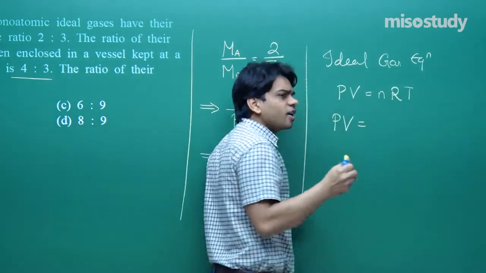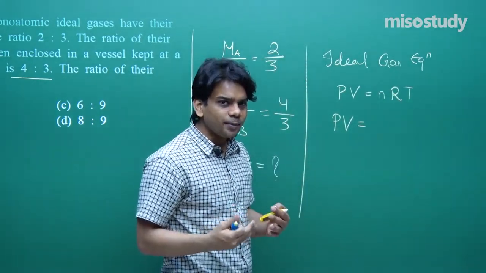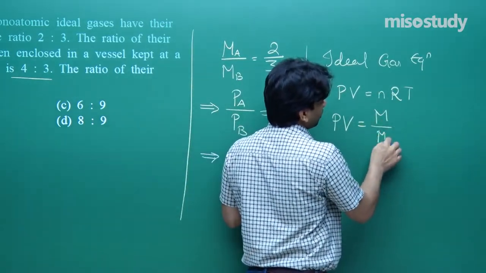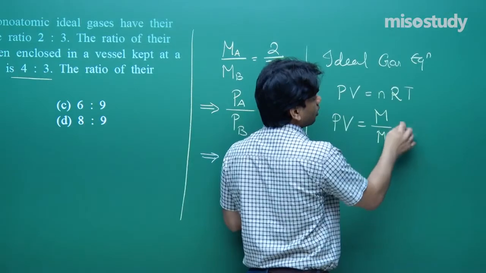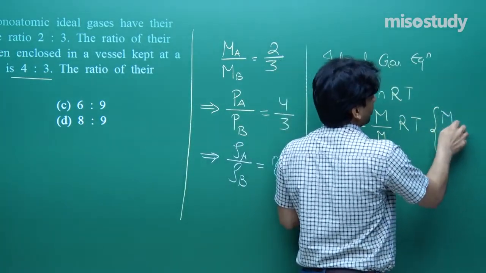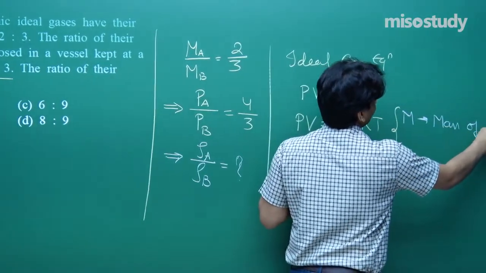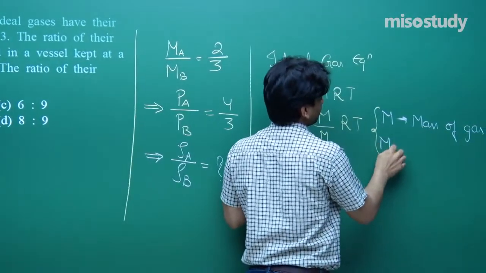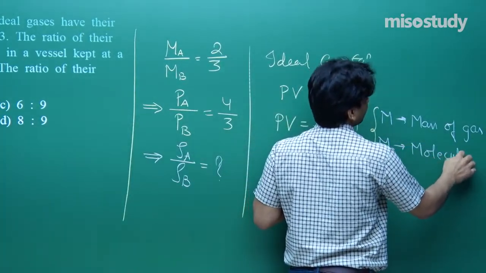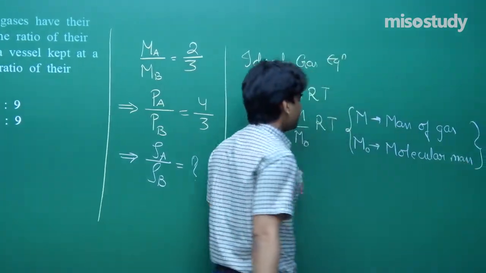Can we write n if the total mass of gas is capital M and its molecular mass is m naught? So can we write n as m upon m naught. m naught is molecular mass, m is total mass. Here I am writing separately: m is the mass of gas that has been taken in the container, and m naught is the molecular mass of the gas.